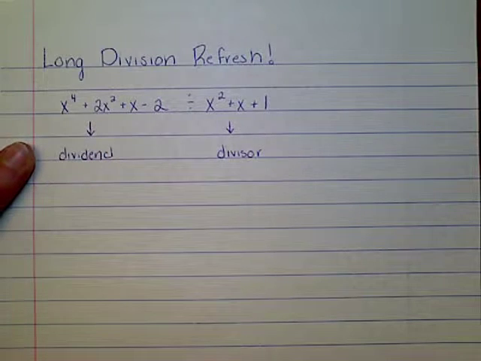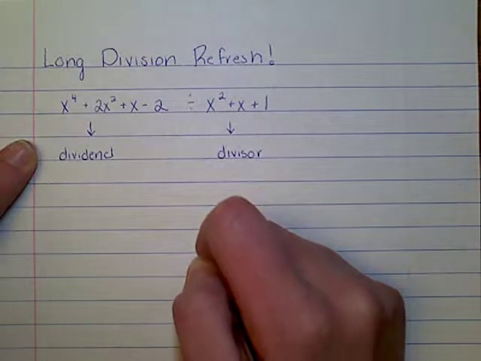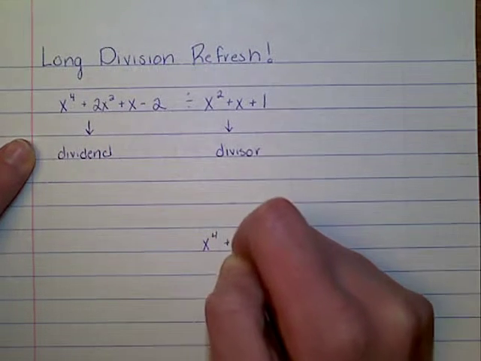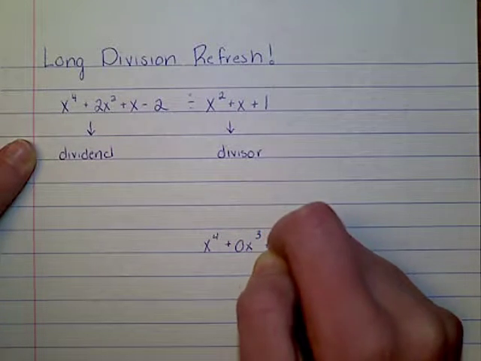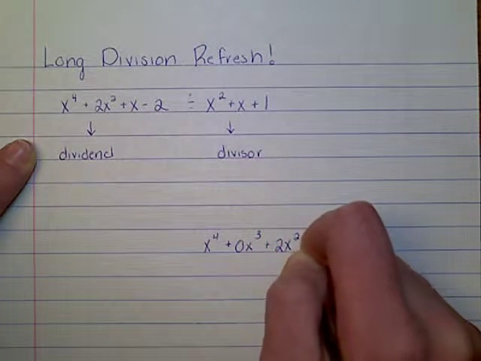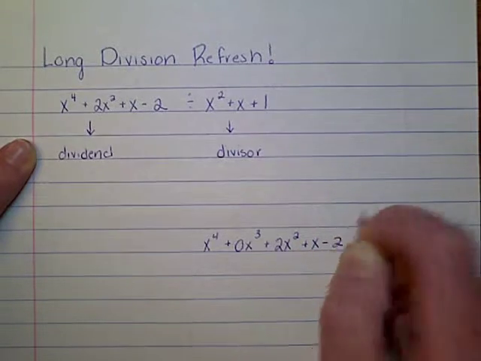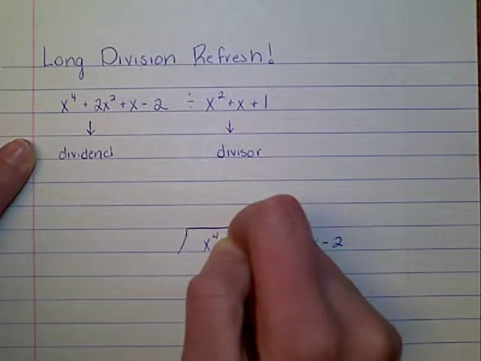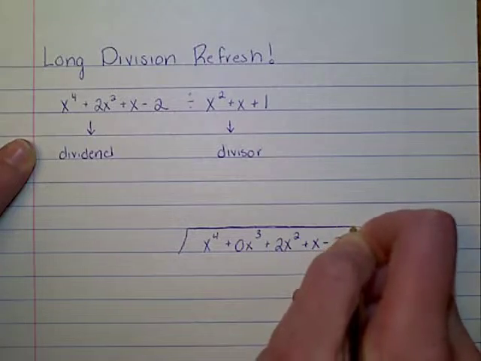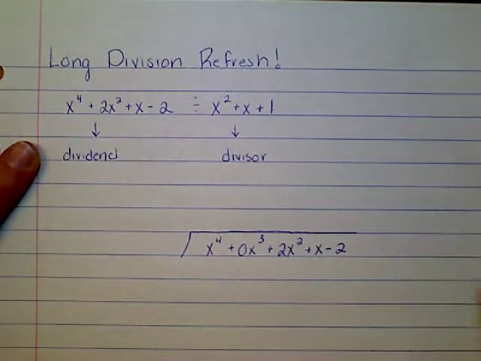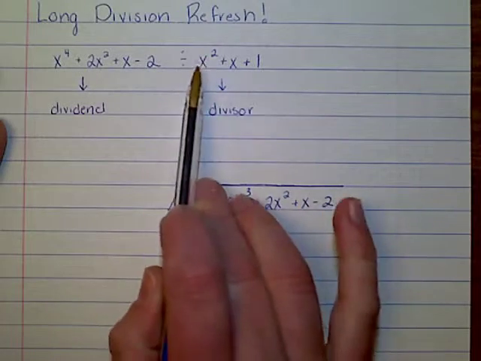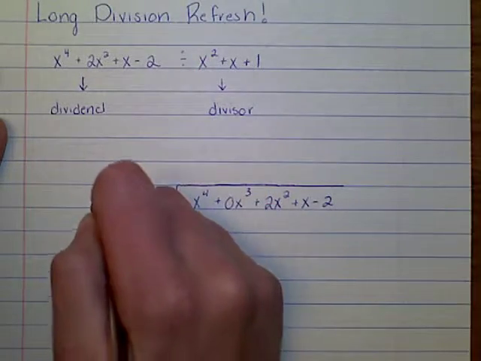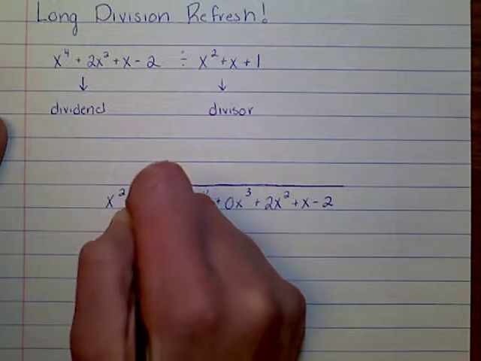You don't have to do this, but I really recommend that when you go to start your long division, you put in a 0 placeholder for that. I just think it helps you stay organized. I think you're less likely to make a mistake with your subtraction later on, so that would be my recommendation.